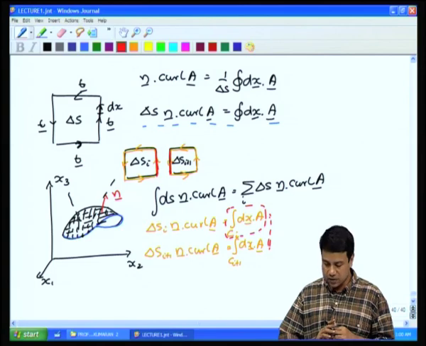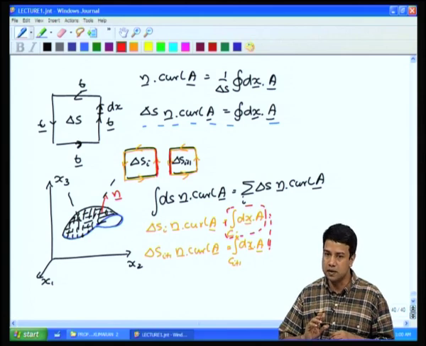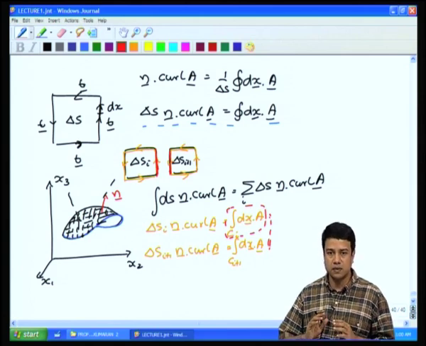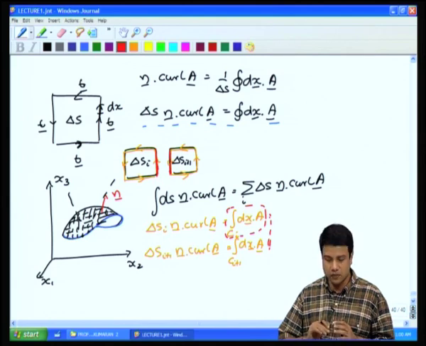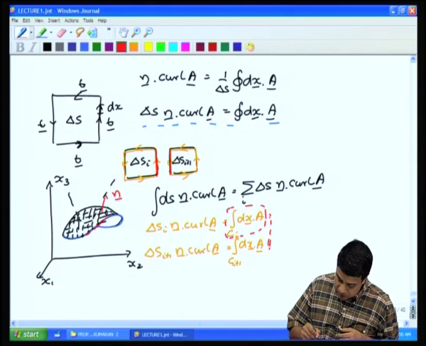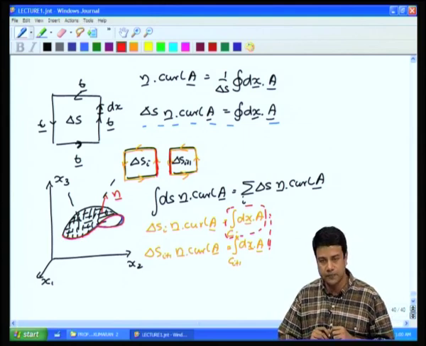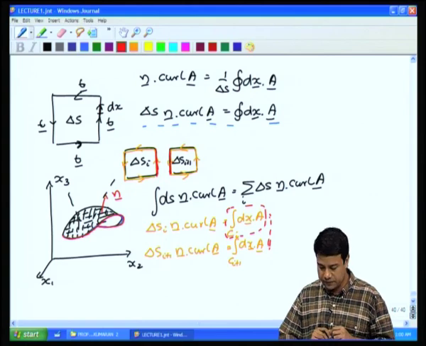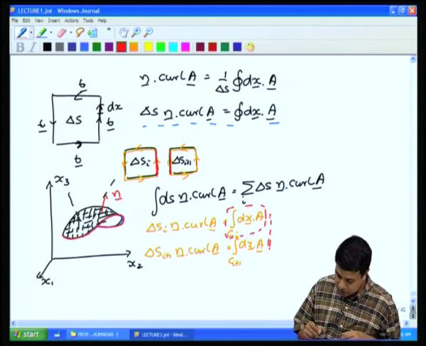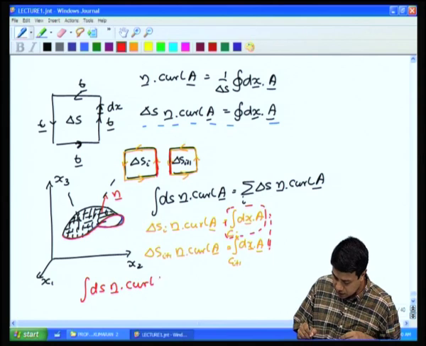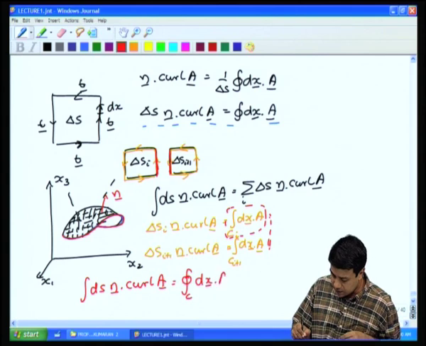And the only thing that you will be left with is the integral over pieces of the contour that are not between two adjacent patches, and the only piece of the contour that is not between two adjacent patches is the perimeter of this surface. Therefore, this proves that integral over the surface of n dot curl A is equal to integral over the perimeter of dx dot A.